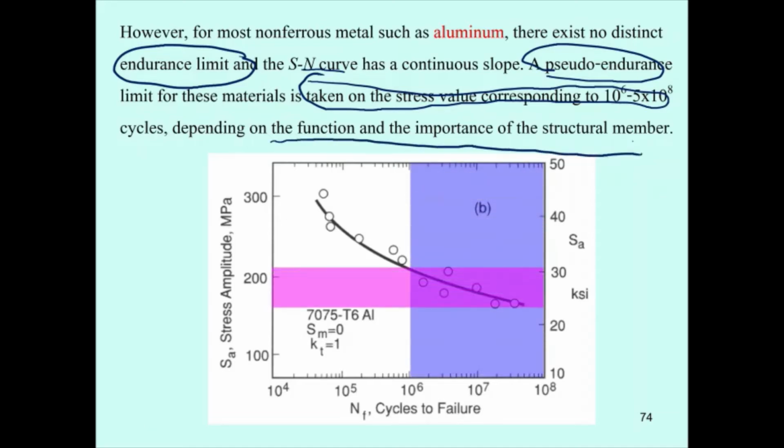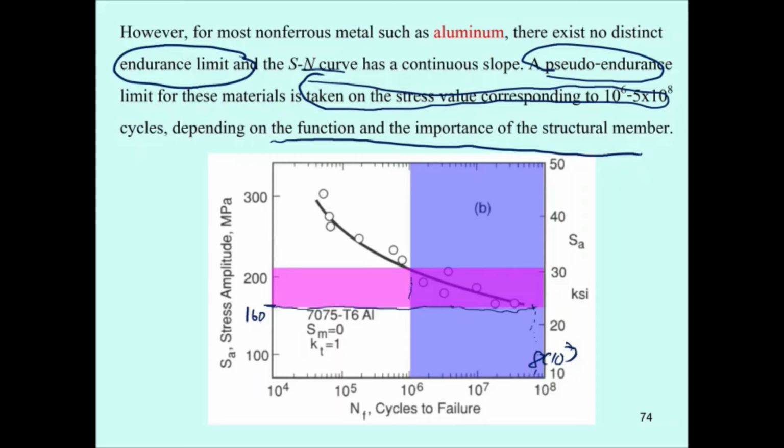Okay, you will set the bound. If your structure can take a very large number of cyclic loads, for example, maybe like 8 times 10 power 7, you decide on the stress here, which is maybe about 160.